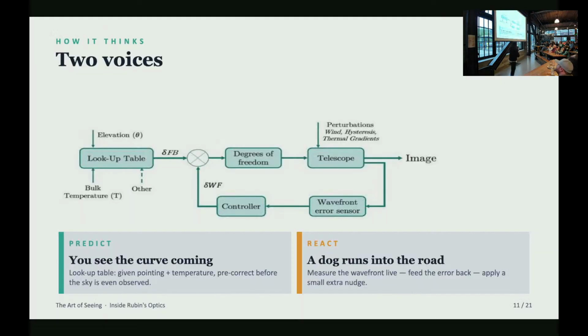We do it in two steps. We call the first part the open loop and the second part the closed loop. The open loop is a simple lookup table where we have a simple equation. We can look at whatever the temperature for the day is, and think about which angle we want to align our telescope at, and we can make some adjustments to make sure that our telescope is focused.